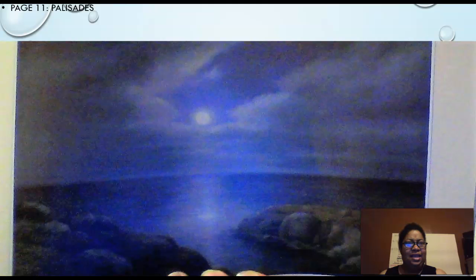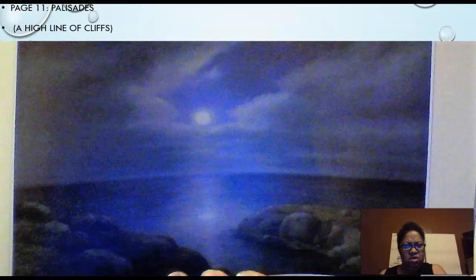Let's see, palisades. That's a difficult one, right? Like I said, I see the mountains and the cliffs, but I'm not exactly sure. Well, let's see. I see the water, and it's leaving from inland and traveling out into the water. So I'm thinking the palisades has something to do with the cliffs on the side, right?